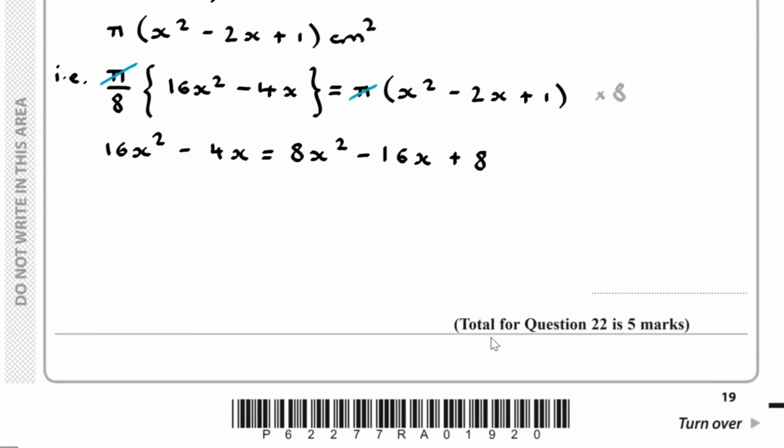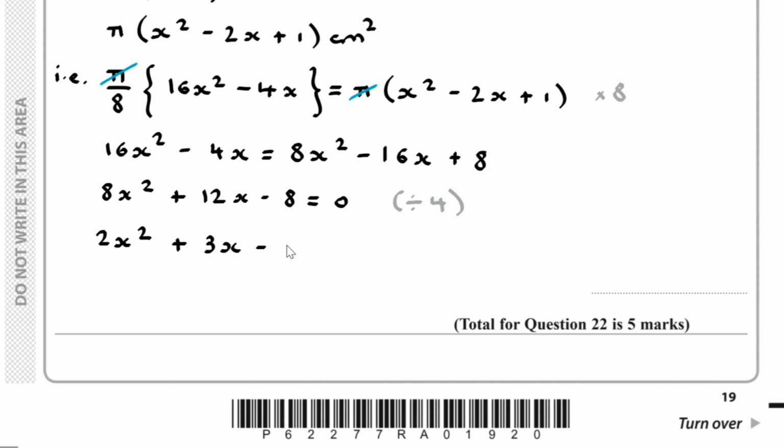And if I rearrange to get everything on one side being 0, you will find we have 8x squared plus 12x minus 8 equals 0, and at this point, if I divide through by 4, then we have 2x squared plus 3x minus 2 equals 0, and attempting to factorise, I've got 2x minus 1 multiplied by x plus 2 equals 0, from which we can see either x is equal to 1/2, or I've got x equals minus 2.